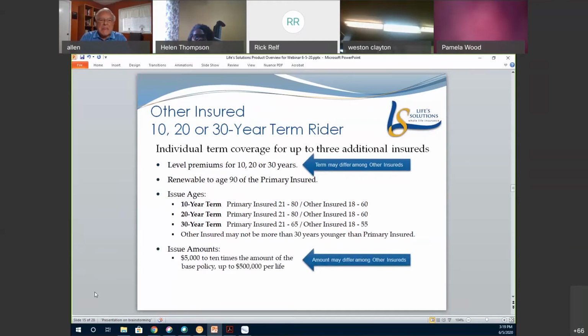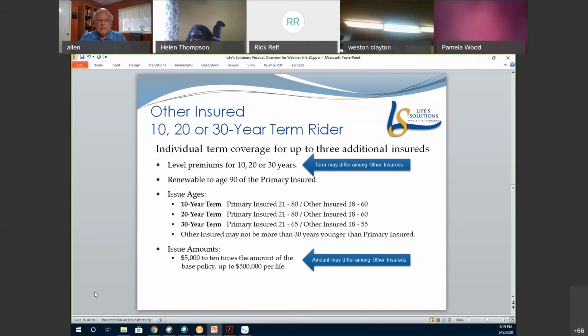Okay, so then you have the ability to put 3 other insureds on as riders, similar type riders, and it could be a 10, a 20, or a 30. And let's say there's 3 people. Let's say they're family members. Okay, we could do that. They don't all have to have the same rider. One of them could have a 10-year, one could have a 20-year, one could have a 30-year. There's no distinction there. They can have varying face amounts. They don't all have to have 50,000. One could have 50, one could have 200, one could have 75, whatever.